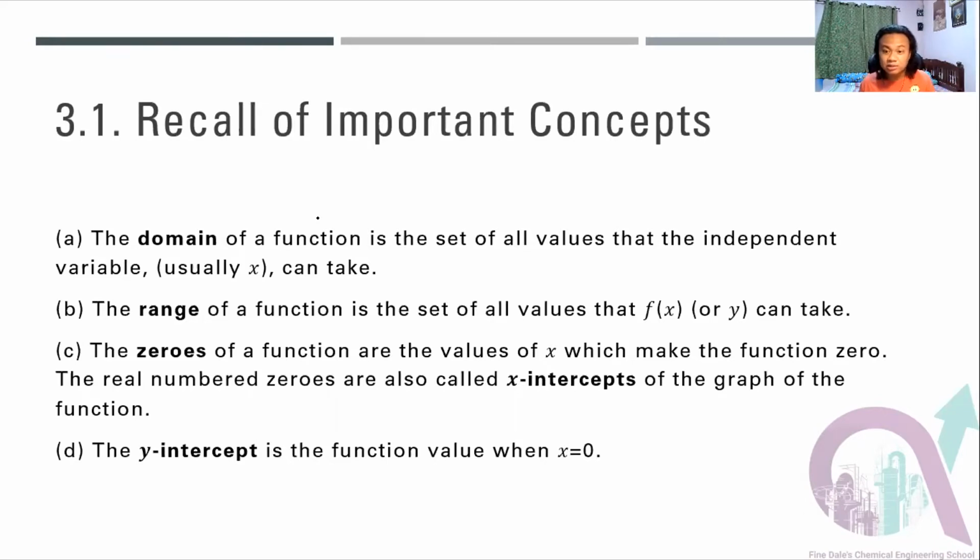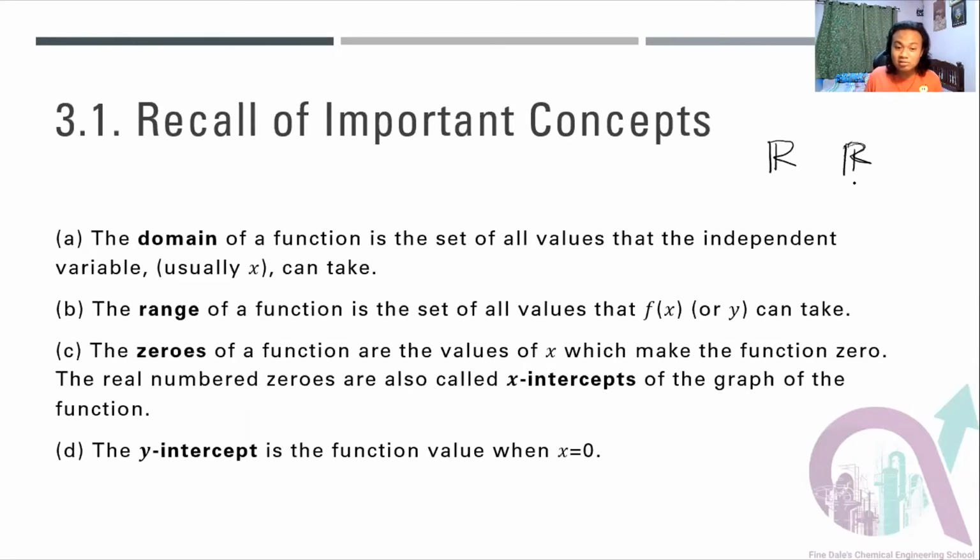The range is the set of all values of the dependent variable, which is f of x or y, usually the set of all real numbers. In your module, if there is a range, you write the set of all real numbers.